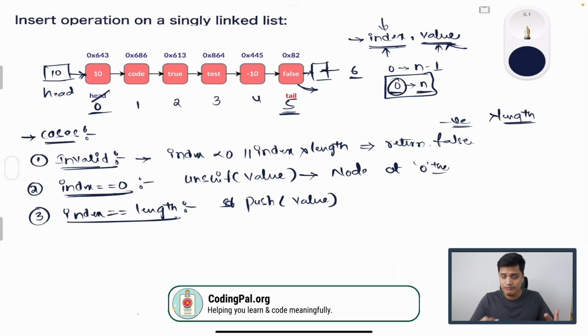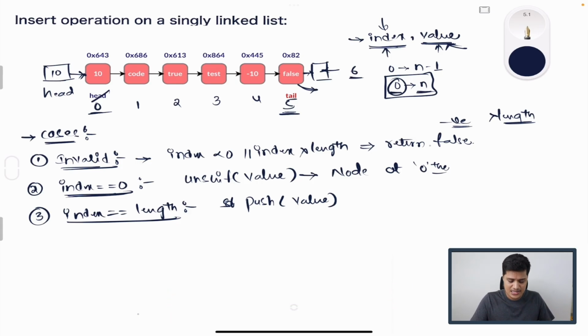Let's assume that the value the user has given is, let's say, 1000. In that case, we will simply create a new node with value 1000, adjust the next pointer of the current tail node, and update the tail node to the newly added node. Now if you see here, the index of the value 1000 will be 6, because we altogether have 7 values inside the singly linked list, and the value 1000 is at index 6.